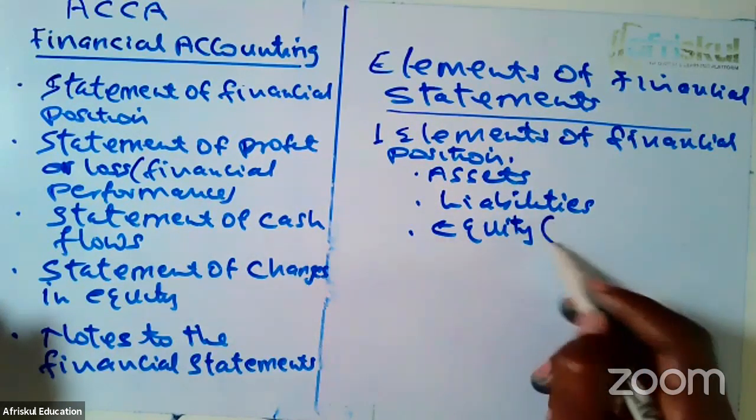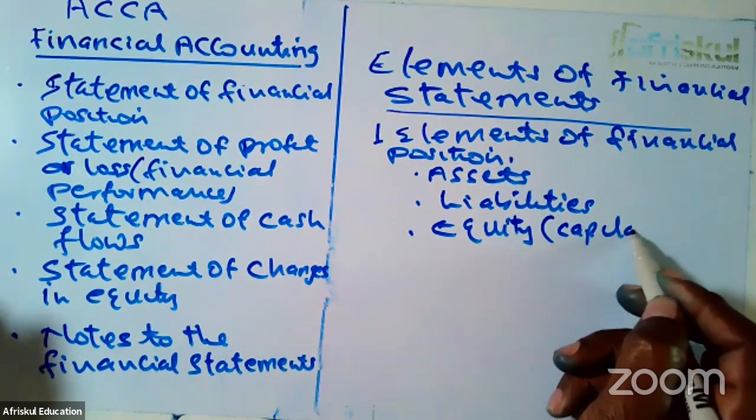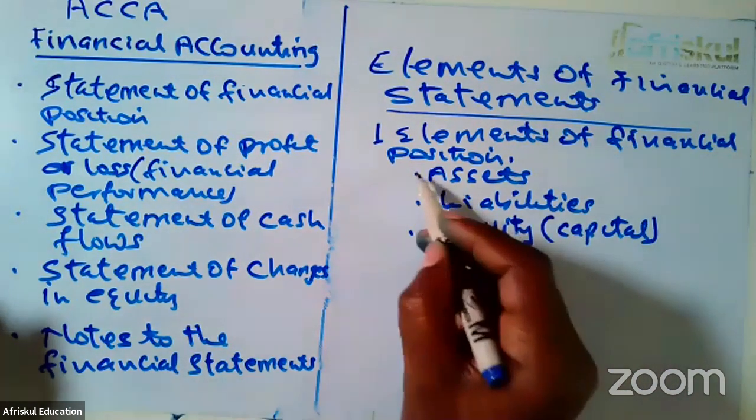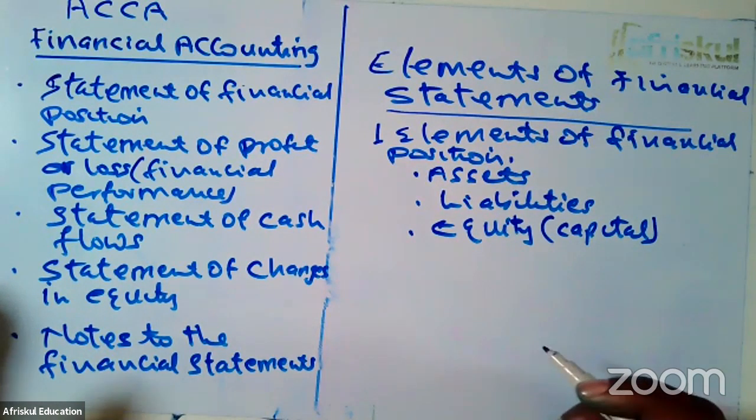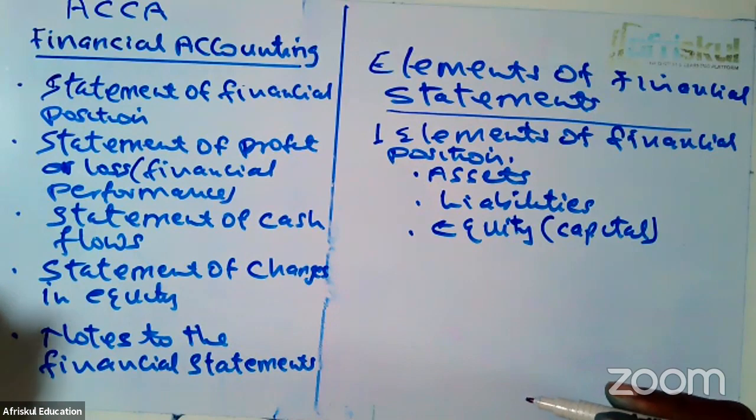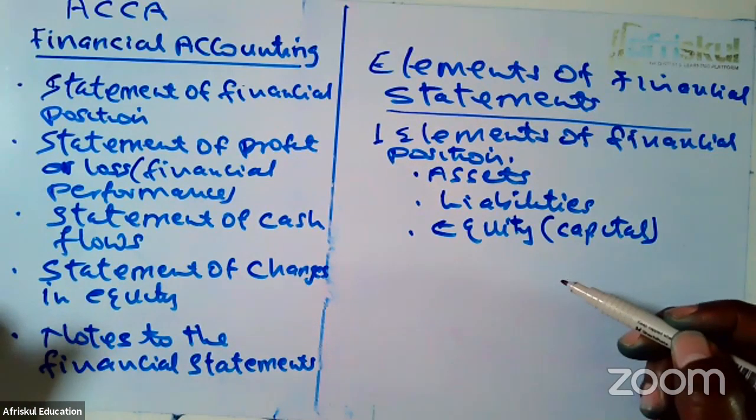Another word for equity is capital, owner's capital. These are the items which we use to prepare a statement of financial position to tell us the position of the business at a particular moment in time.